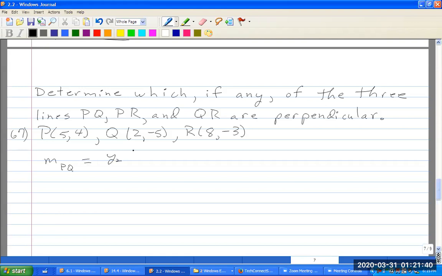And so let's do the change in Y over the change in X. So I'll do PQ, -5 minus 4 over 2 minus 5.